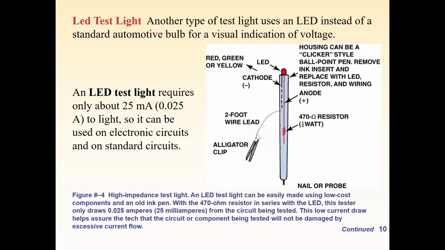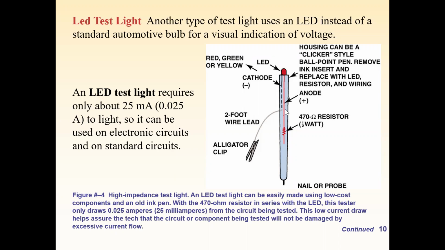In this system, this alligator clip is connected to the LED bulb, and the two ends of this LED bulb are marked as cathode and anode. The cathode is the negative terminal and the anode is the positive terminal.